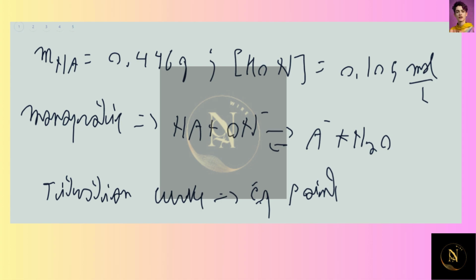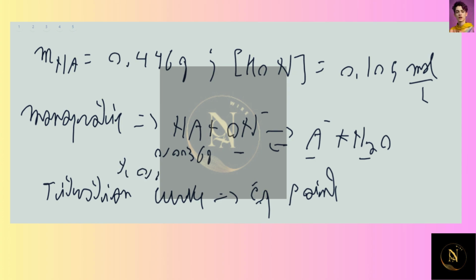So at this point, all we have to do is remember that in our reaction, first you had 0.00368 moles. You didn't add anything and you had no reaction. At a certain point, when you start adding OH minus, the acid will start reacting to form the base.